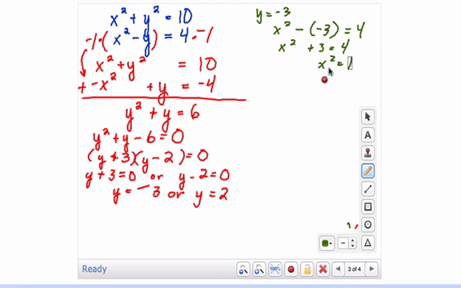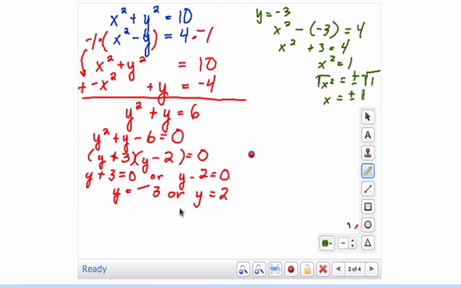So when you square root both sides to undo this, the square root of x squared equals plus or minus the square root of 1. Because x could have been positive or negative, and when I square it, it would give me a positive back. So that's why we have this plus or minus option, and that's going to give us x equals plus or minus 1.